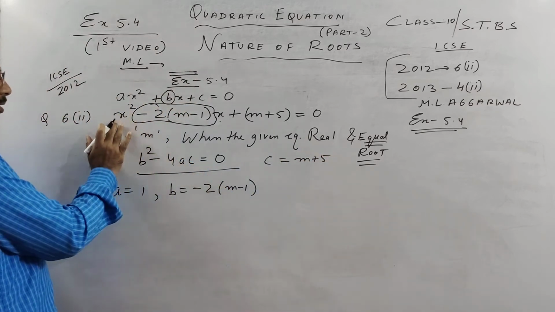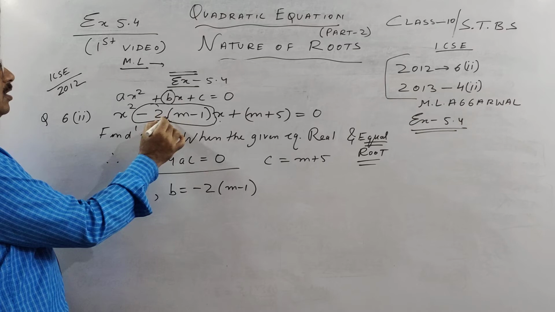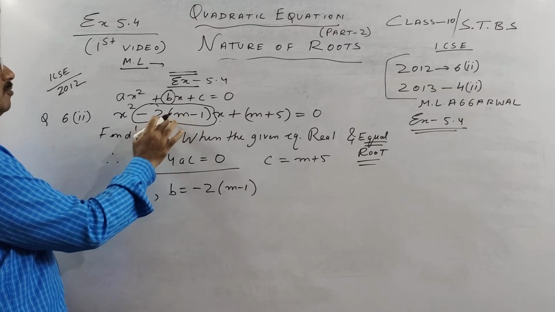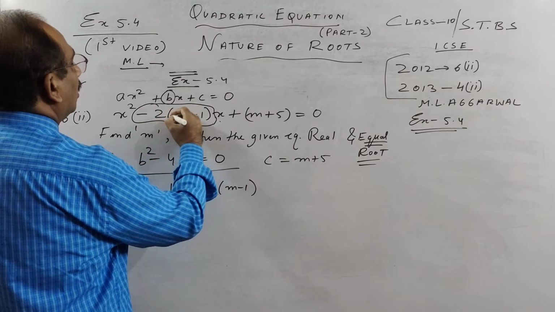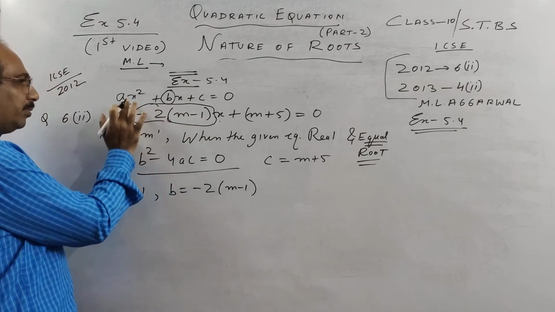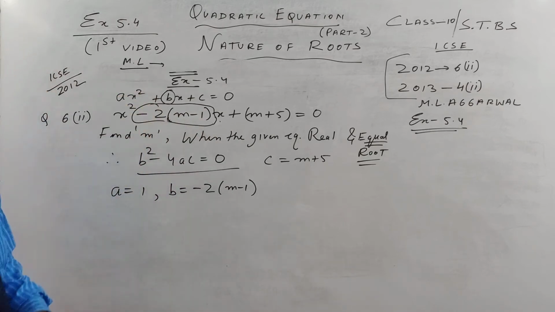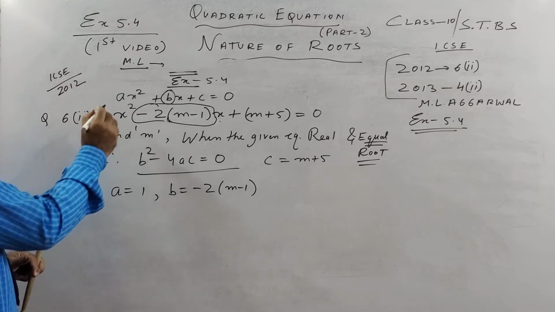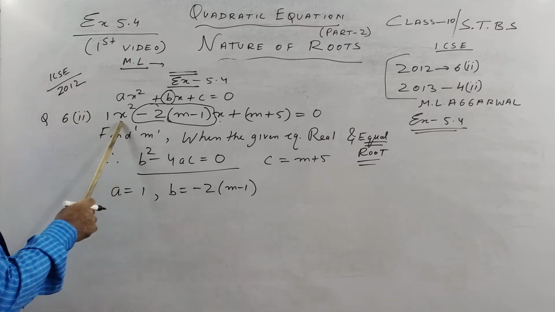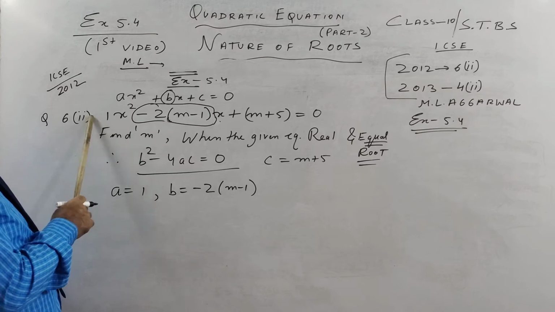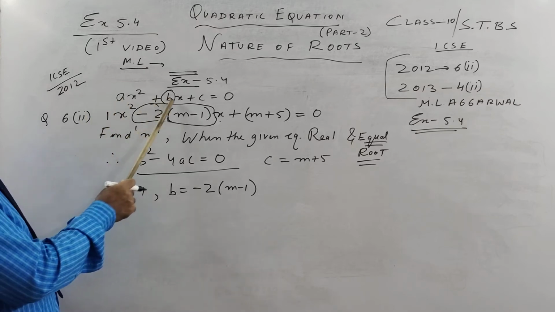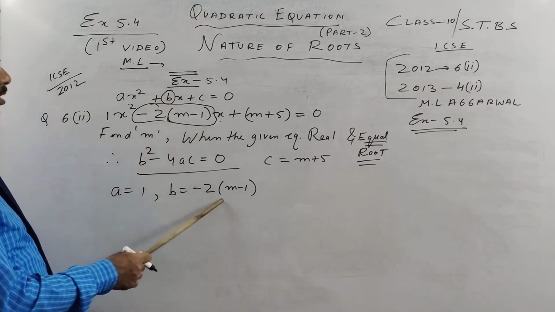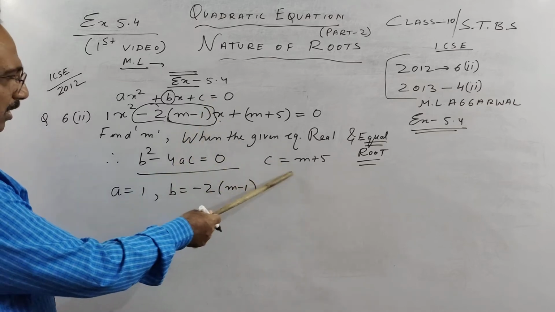Once more, compare the given equation, which has equal roots and which we have to solve for m, with the standard form of a quadratic equation. Here x square has nothing, meaning 1. So the coefficient of x square, a, is 1, the coefficient b is minus 2 m minus 1, and c is the constant term.